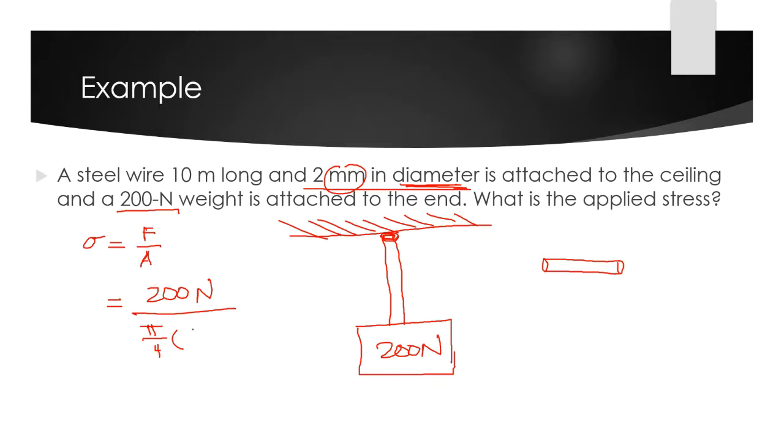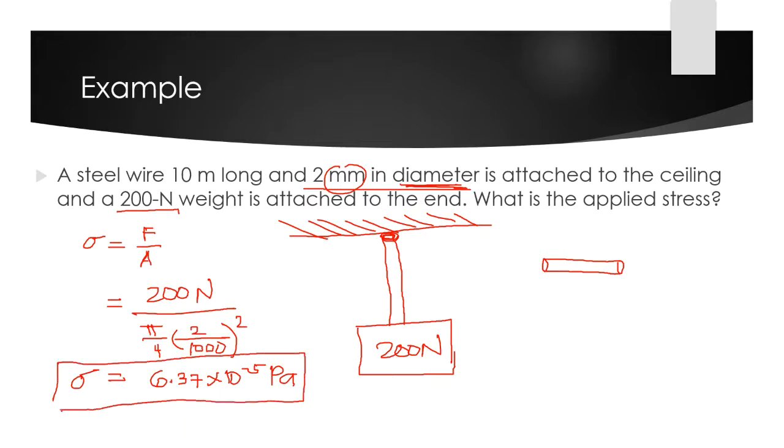So we can also change that one into meters by dividing that by 1000, that is squared. So the stress is now equivalent to 6.37 times 10 raised to negative 5 Pascal. So this is now the allowable stress, or this is the applied stress.